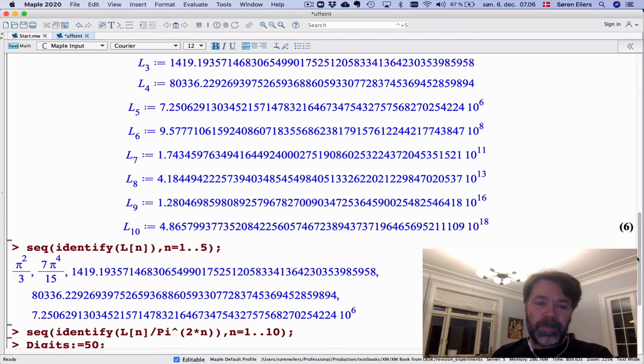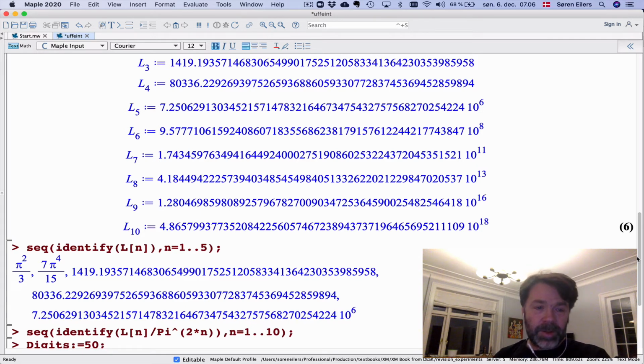But you see, Maple is not able to do it beyond the first 2 that we already found. So we're going to have to help Maple, and the way we're going to help Maple is to say, well, if we're indeed correct that what we're seeing here is a rational number times a relevant power of pi, then we can try to cancel the pi's and see if that helps.